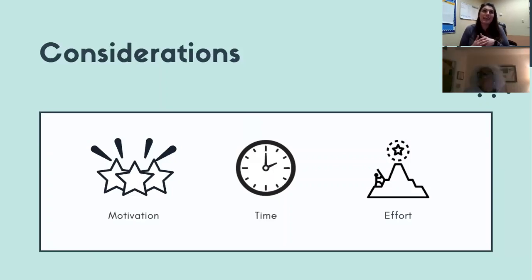And I will ask them, on a scale of 1 to 10, 1 being the lowest amount of effort possible and 10 being the most amount of effort possible, how much effort did you actually put into preparing or studying for this test? And most of the time, it's so funny, the amount of effort that they put into preparing or studying perfectly matches up to the grade that they've earned on the test.